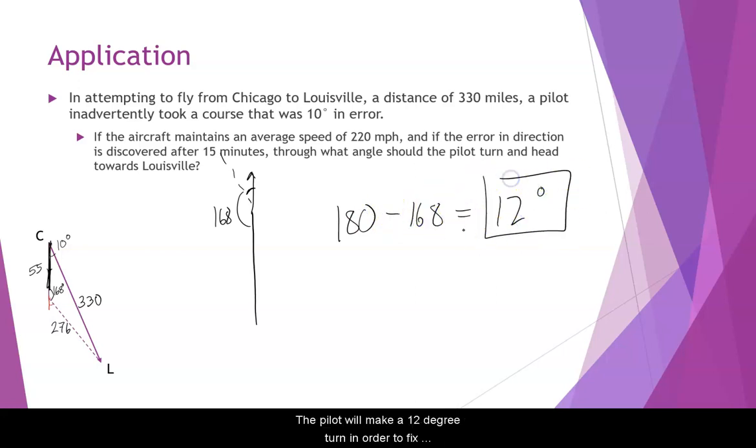The pilot will make a 12-degree turn in order to fix what was originally a 10-degree error. This doesn't mean that the law of sines in that ambiguous case suddenly works, because we were trying to solve this angle right here. This angle is demonstrably not 12 degrees, but its supplement is.